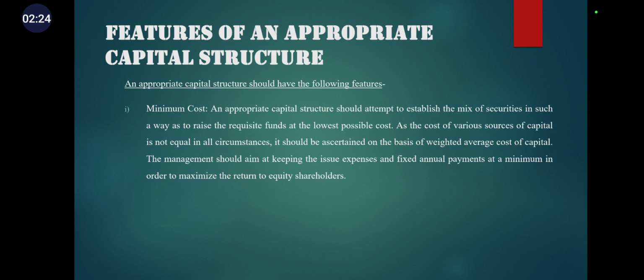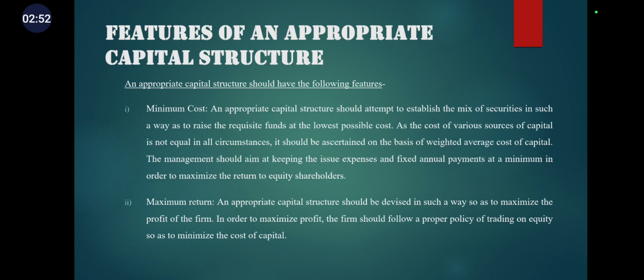And the financial manager has to keep all the expenses, from the starting of issuing till redemption, at a minimum, so that the company can expect a maximum return for their equity shareholders. So the first characteristic is minimum cost.